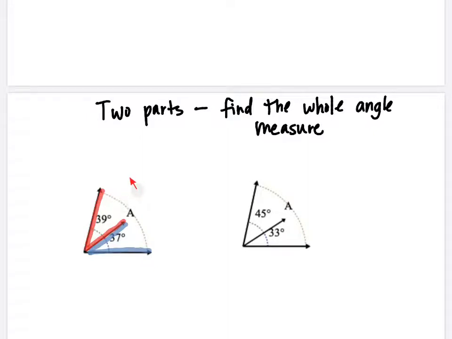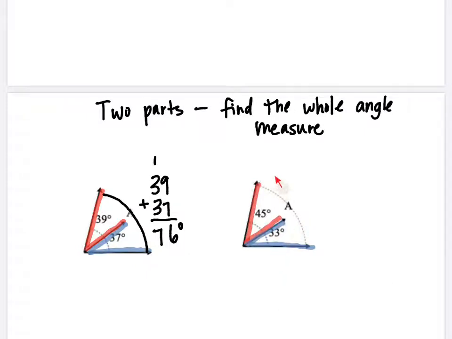They want to know what the measure of angle A would be. Well, if I added 39 degrees and 37 degrees, that would give me the measure of the whole angle. So angle A in this case would be 76 degrees.